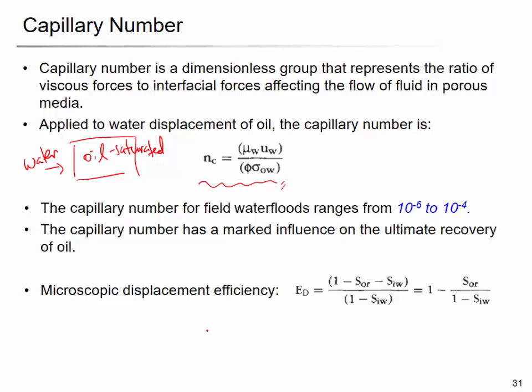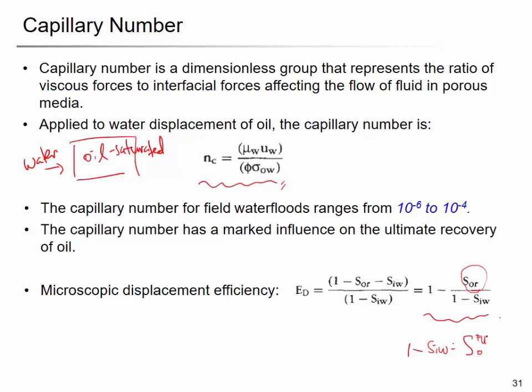And microscopic displacement efficiency is defined as this one. So then if the oil is recovered in full, then I think 1 minus IW is the oil saturation at full.